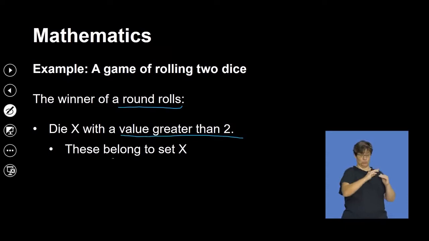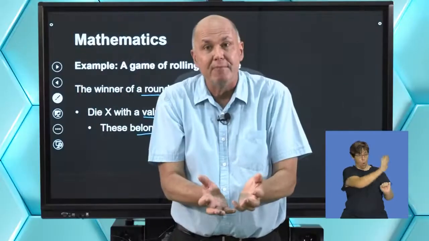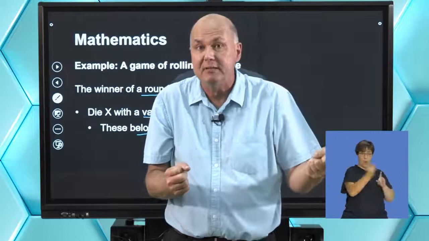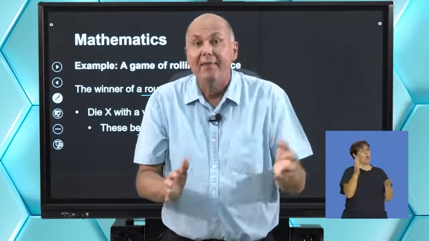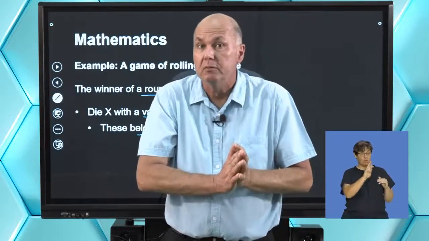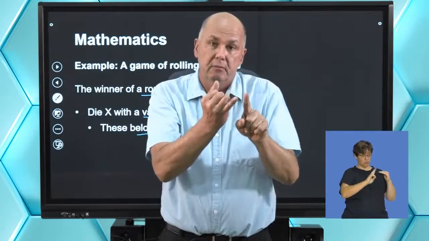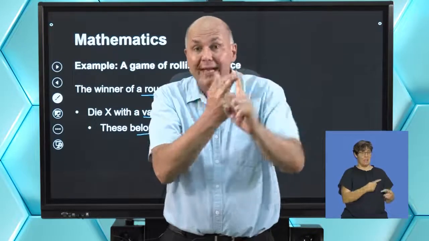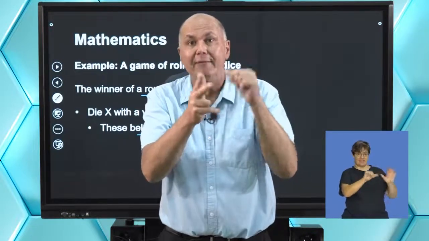These belong to set X. So when we think about this, not all the numbers that are part of X are going to be winning numbers. Only some of them. They have to be greater than 2. So that means it can't be 1, it can't be 2. But if it's greater than 2, then it will be 3, 4, 5, and 6.